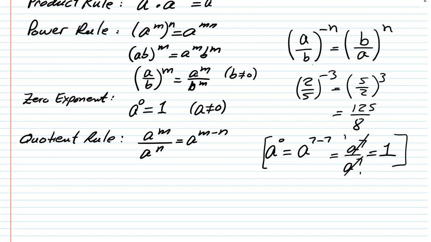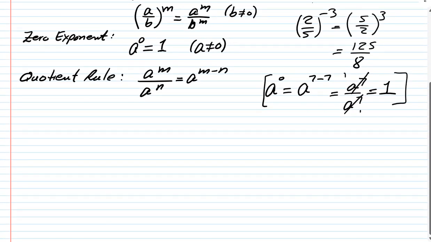Okay, now having talked about these power rules, let's also review expressions that are in the form a to 1 over n. Now a to 1 over n, of course, depends on whether n is even or odd.